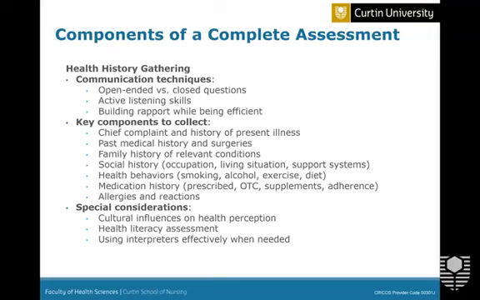Okay, and so that's an open process that you're doing, and then your past medical history and surgeries, your family history of relevant conditions, your social history such as your occupation, your living situation, any support systems, health behaviours such as smoking, alcohol, exercise or diet, medication history: do you take prescribed medications, over-the-counter medications, supplements, and do you take all of your prescribed medications or not? And then allergies and reactions.